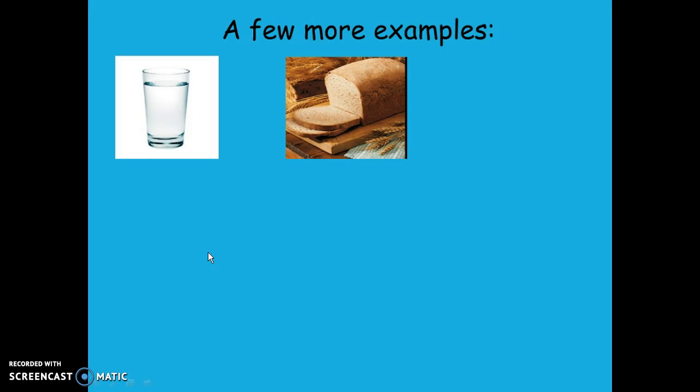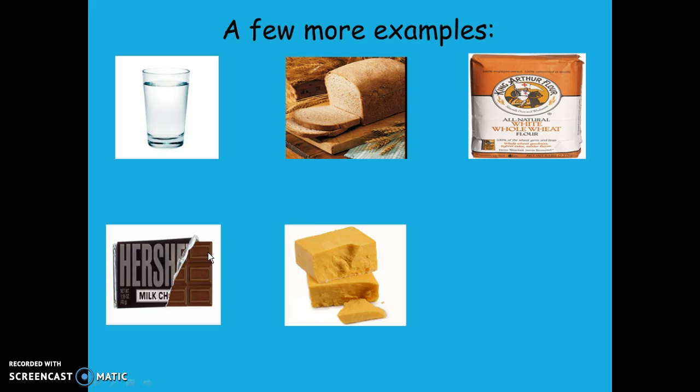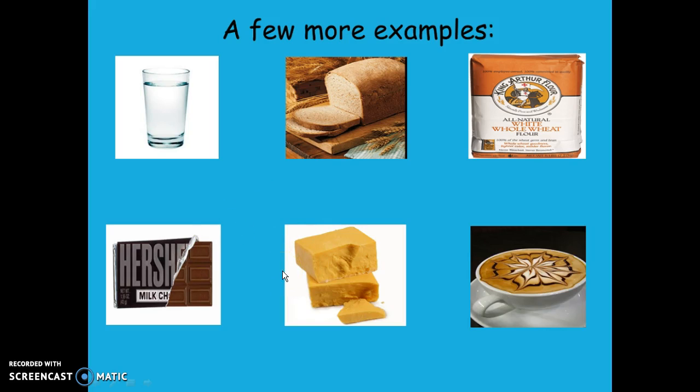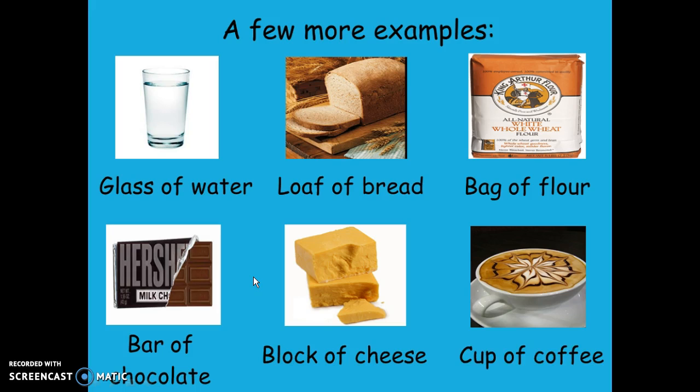We use a glass or cup for liquids like milk, water, coffee, juice. Soda can be a glass of soda or a can of soda. We use a bag of for many things like sugar, flour, and rice. Cheese is a block, a slice of cheese, or a piece of cheese. And chocolate comes in bars or pieces.